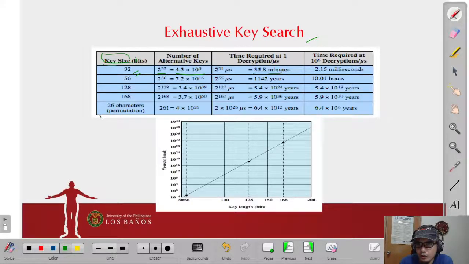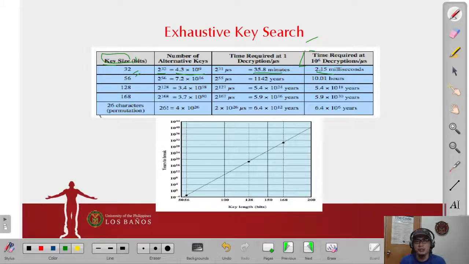If you have a high-end machine that can perform 10 to the 6 decryptions per microsecond, then you can brute force the key in this short period of time.